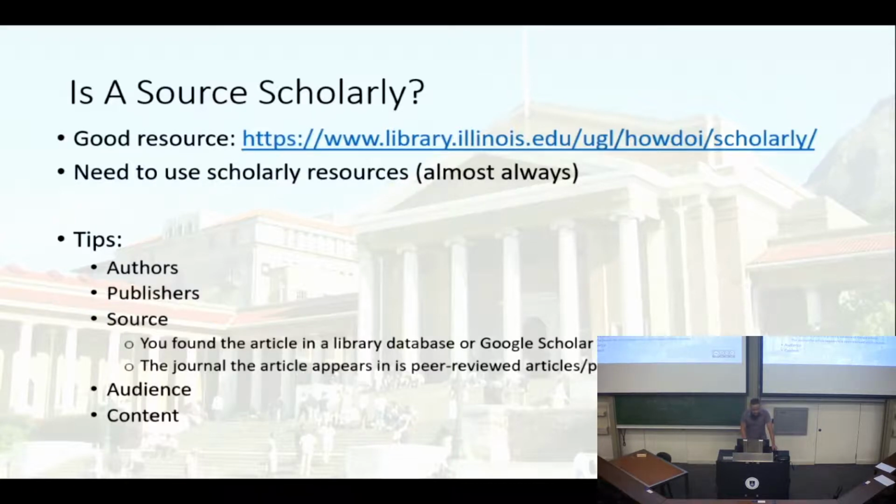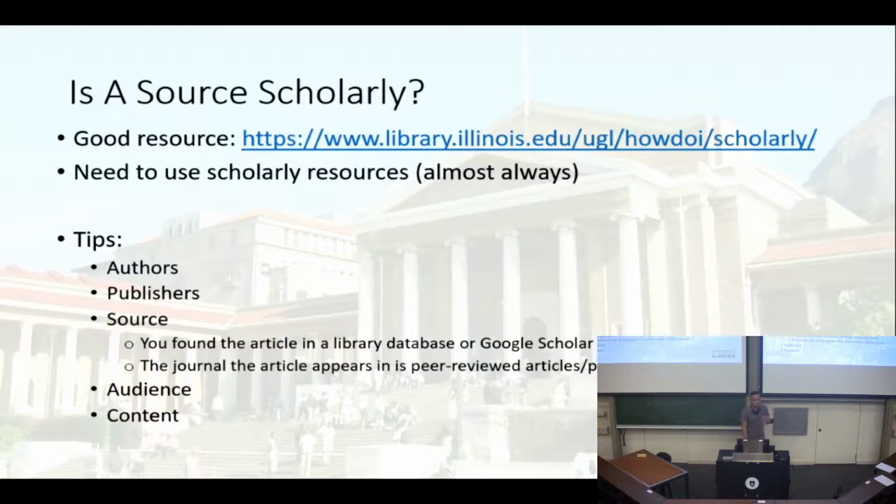The journal or article appears in peer-reviewed articles, papers, or books. Who the audience is. Again, your textbook generally is a lot of you wrote Massionis and Plummer. Some of the stuff is original in the textbook, but most of it has sources in it. You'll see in brackets where that appears, as well as the content.